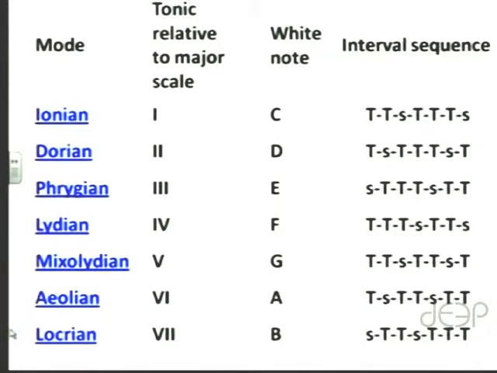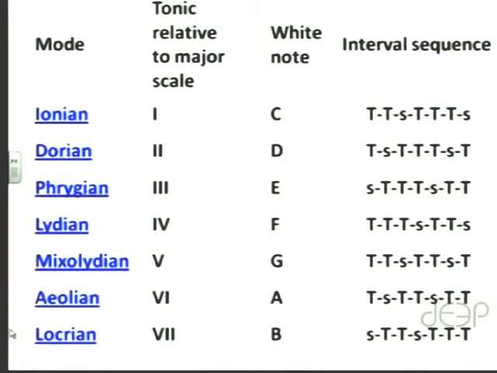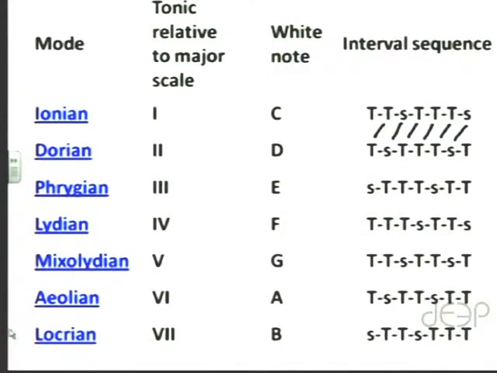The pattern would be the one that you see on the right: whole, half, whole, whole, whole, half, whole. If you compare that second line with the line above it, you'll notice that we've essentially just shifted the whole step, half step pattern over by one. So we're staying on all white keys from D to D. That's known as the Dorian mode.